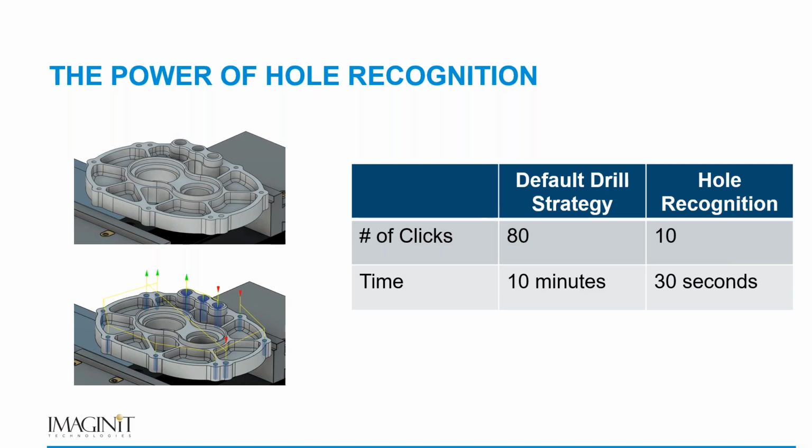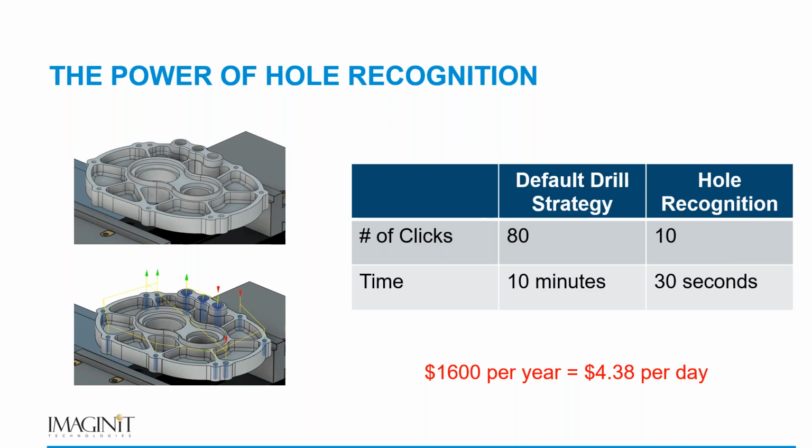When I used the hole recognition with the machining extension, it only took me 10 clicks, really just opening it and then modifying a couple of features. And it programmed all of those holes perfectly in about 30 seconds. So if you think about it, if you were to purchase a yearly subscription to this extension, it's about $1,600 a year, but that comes out to about $4.38 a day.